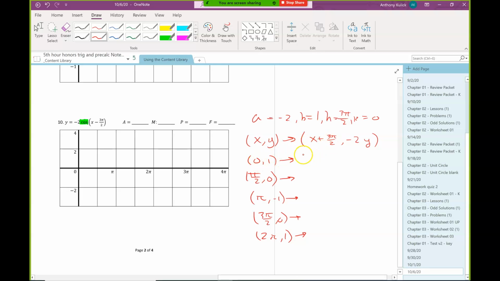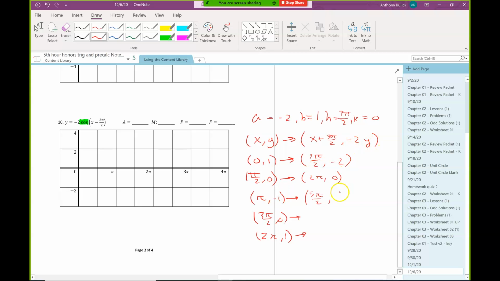So 0 plus 3 pi over 2, just 3 pi over 2. 1 times negative 2 is negative 2. Pi over 2 plus 3 pi over 2 gives us 4 pi over 2, which is just 2 pi. And then 0 times negative 2 is 0. Pi plus 3 pi over 2 is the same thing as 1 plus 1.5, so it's 2.5. You could write it as 5 pi over 2, which is the same thing as 2.5.